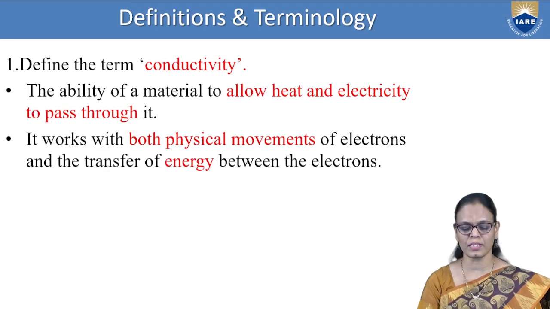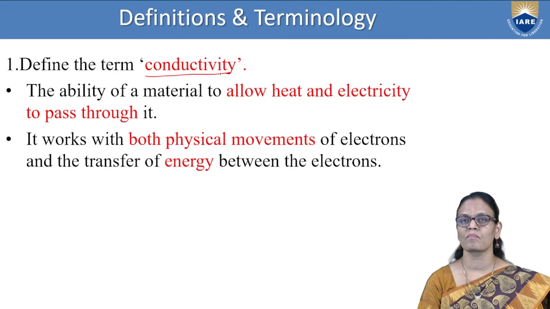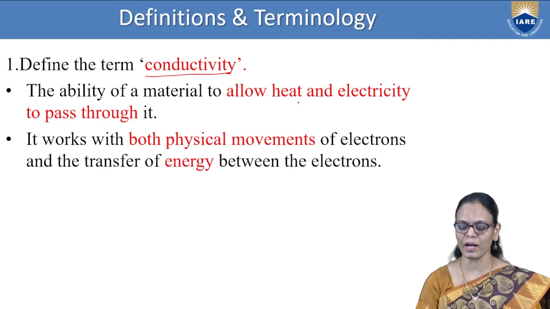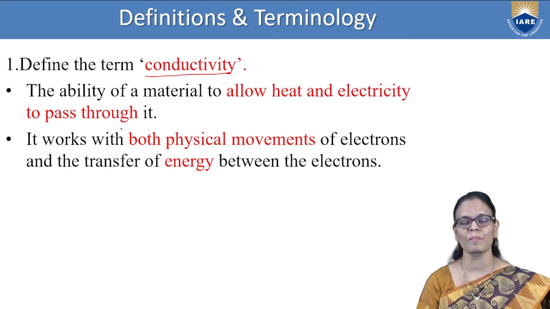The first one is: define the term conductivity. How do we define conductivity? The ability of the material to allow heat and electricity to pass through it. If the ability of the material to allow heat and electricity to pass through it is more, its conductivity is high.